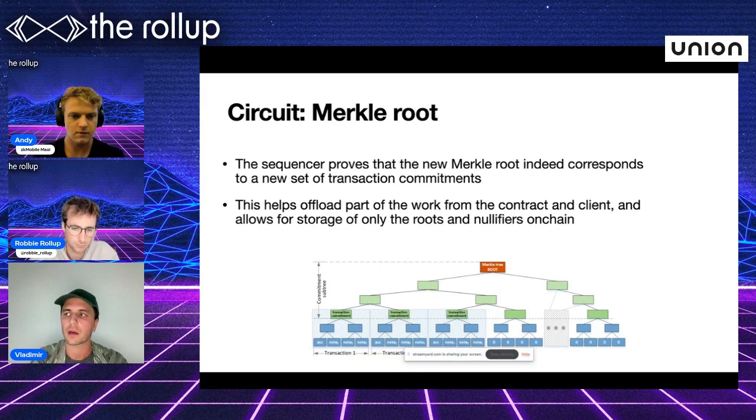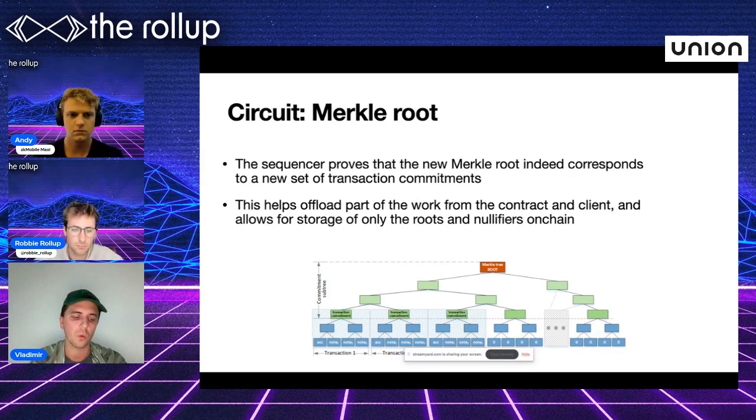Other than that, of course, there is an optimization thing: we don't want this thing to be calculated on the client also. And the third thing is that we don't want the tree itself to be stored on chain.